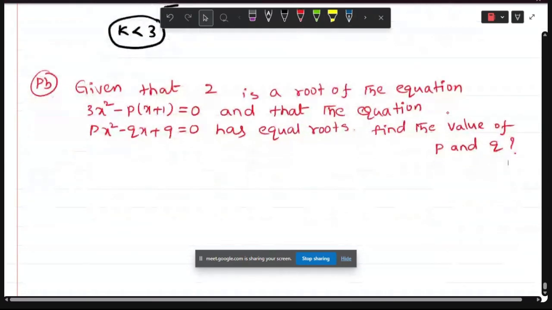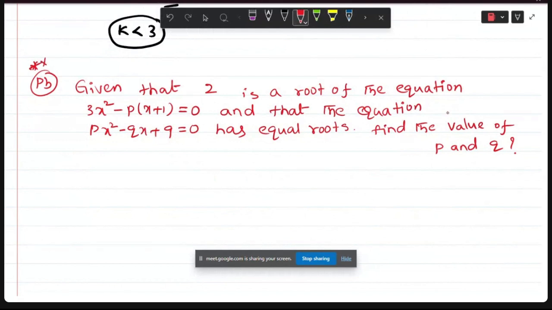Important, important. Given that 2 is a root of the equation 3x square minus px plus 1 is equal to 0, and that the equation px square minus qx plus 9 is equal to 0 has equal roots, find the value of p and q.